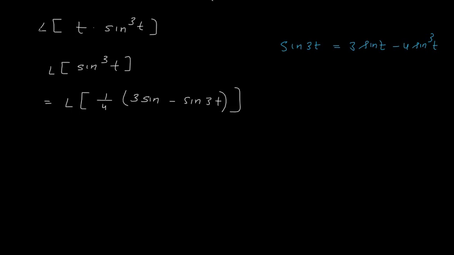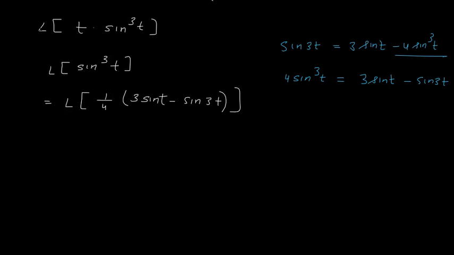But this minus 4 sine cube t will come on the left hand side, and we get 3 sin t minus sine 3t. Then we divide both sides by 4, and I get sine cube t as 1 upon 4 into 3 sin t minus sine 3t.